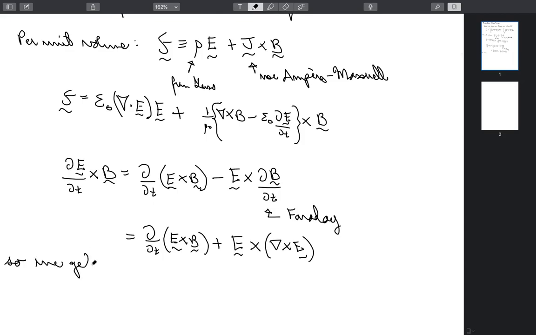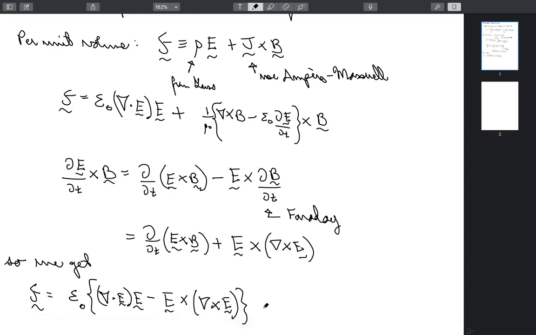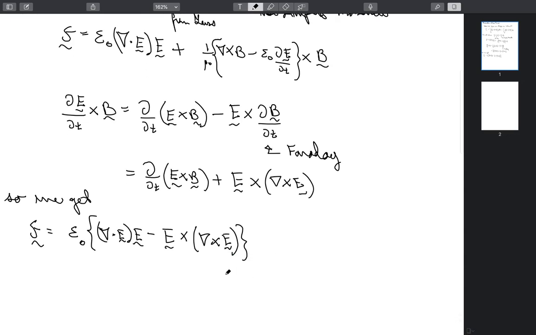So if we put things together, if I just substitute this expression here for this one here, I can rewrite the force per unit volume as being epsilon 0 with the div of E times E, minus the term coming from here, E crossed into the curl of E. So there's a big factorization of the epsilon 0 in front of those, and then I get the other terms.